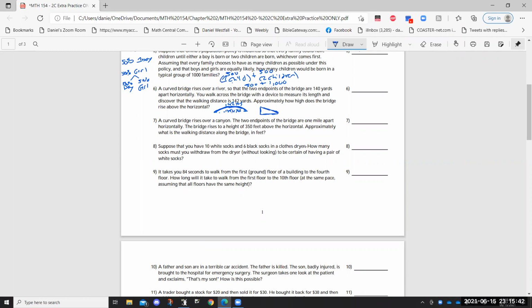So I'm going to take half of the distance that's the curvature, and I'm going to call it 71, and take half of this distance, and I'm going to call it 70, and I'm going to say 71 squared minus 70 squared inside of a square root sign is approximately what the height is.